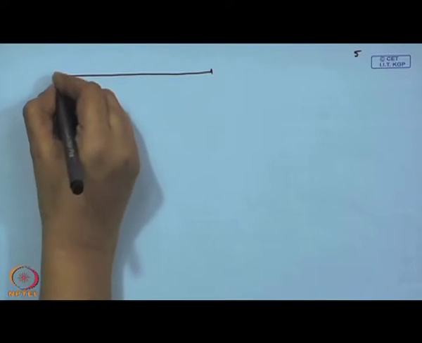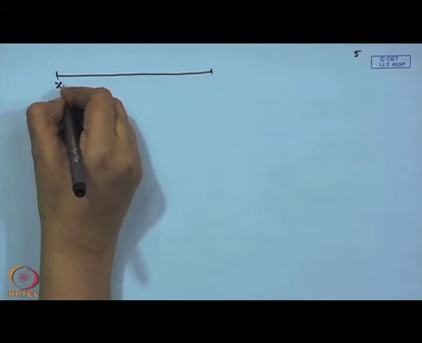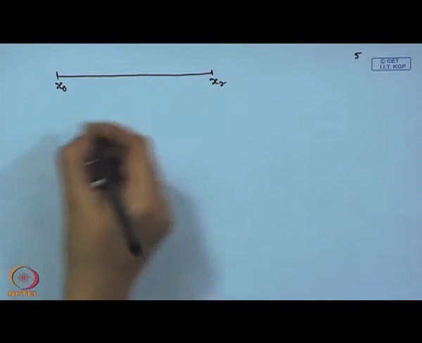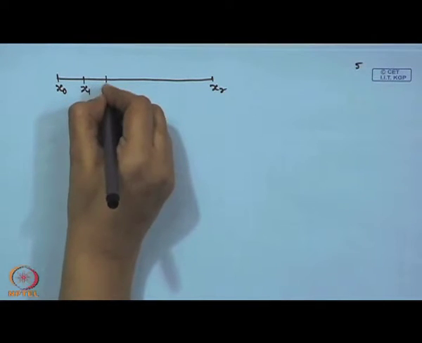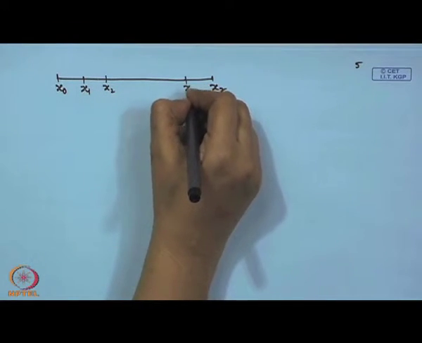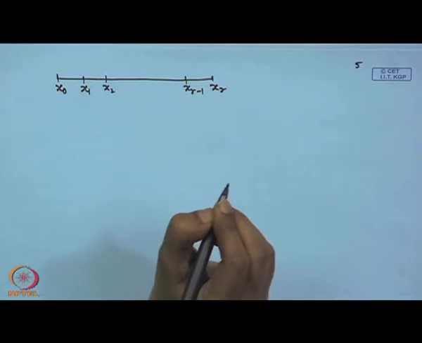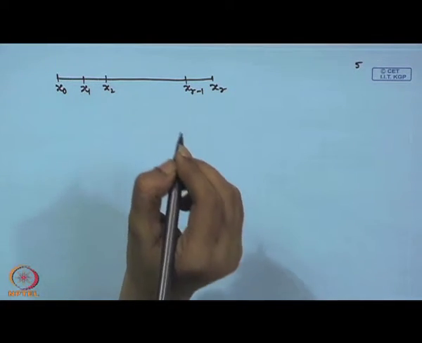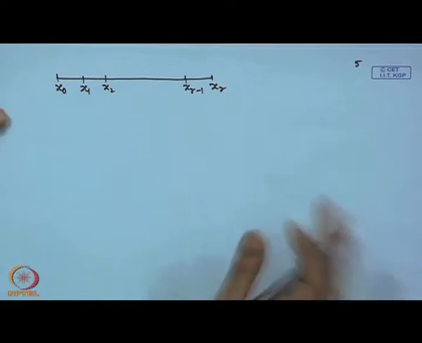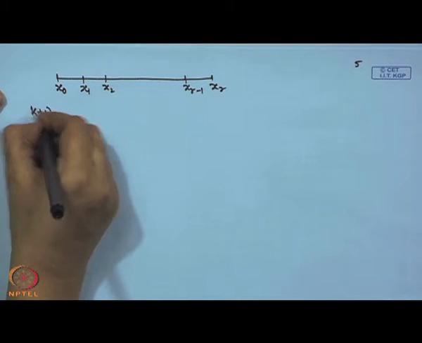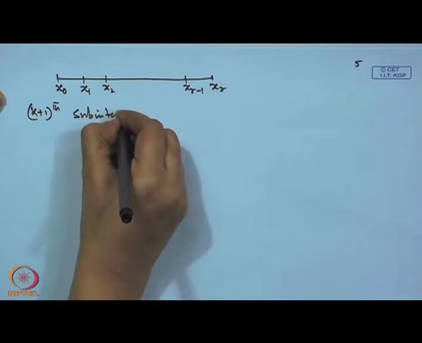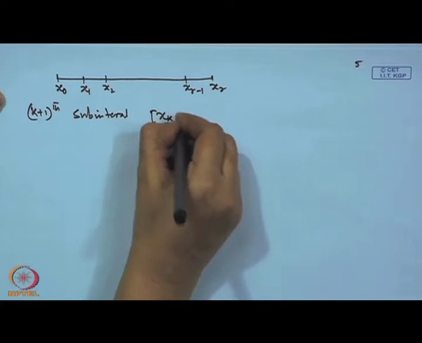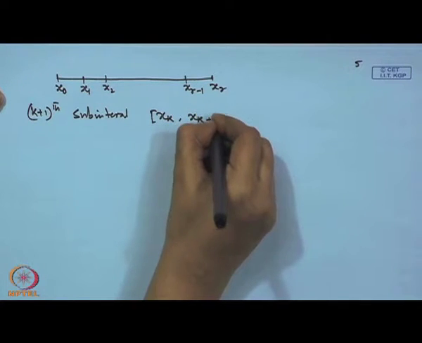Let me consider again the whole interval, that is L to U, where the function fx is defined and we are considering the grid points x1, x2, xr minus 1, etc. Now, again we are considering the k plus 1th sub interval, that is xk to xk plus 1.